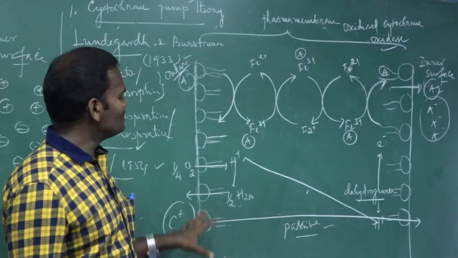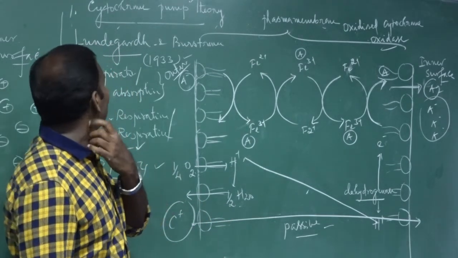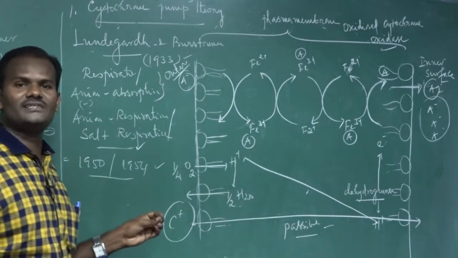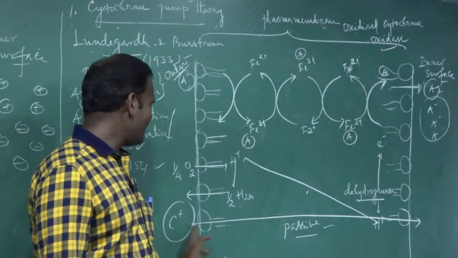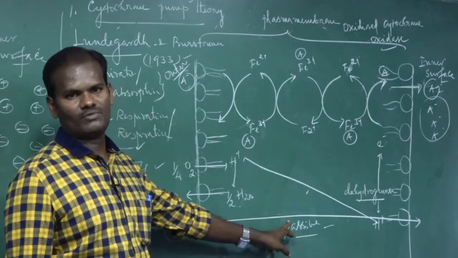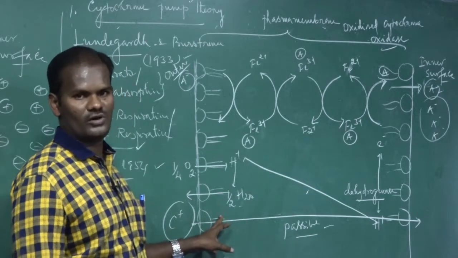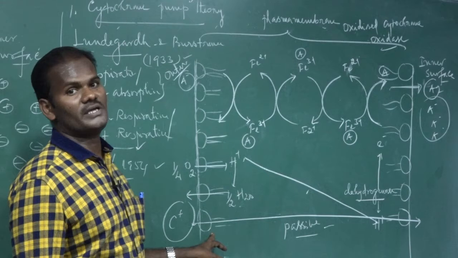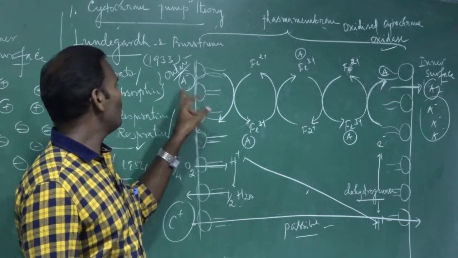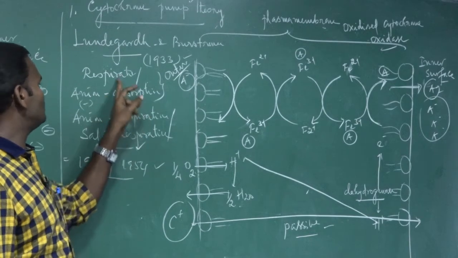Even so, there are certain defects in the cytochrome pump theory. What are the defects? He failed to explain cation transport; he explained only anion transport. Another is that cations also induce respiration, not only anions, but he observed only the correlation of anion absorption and respiration.